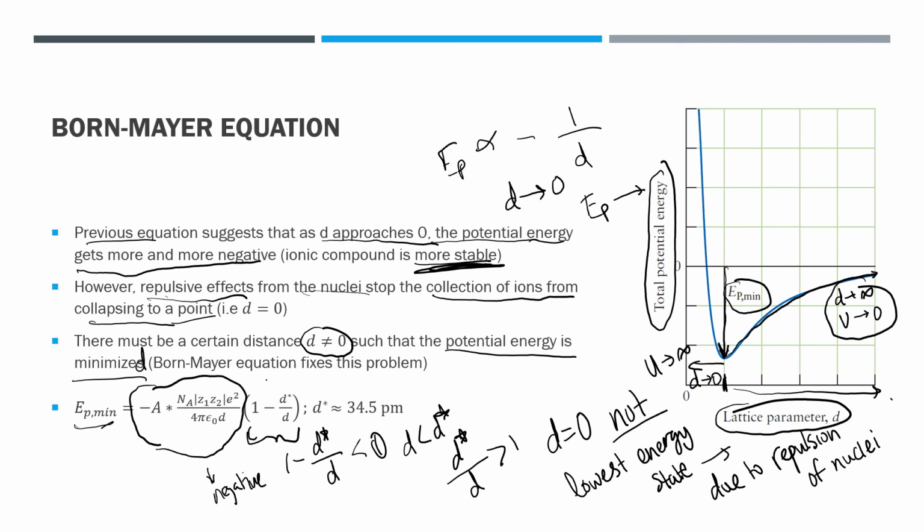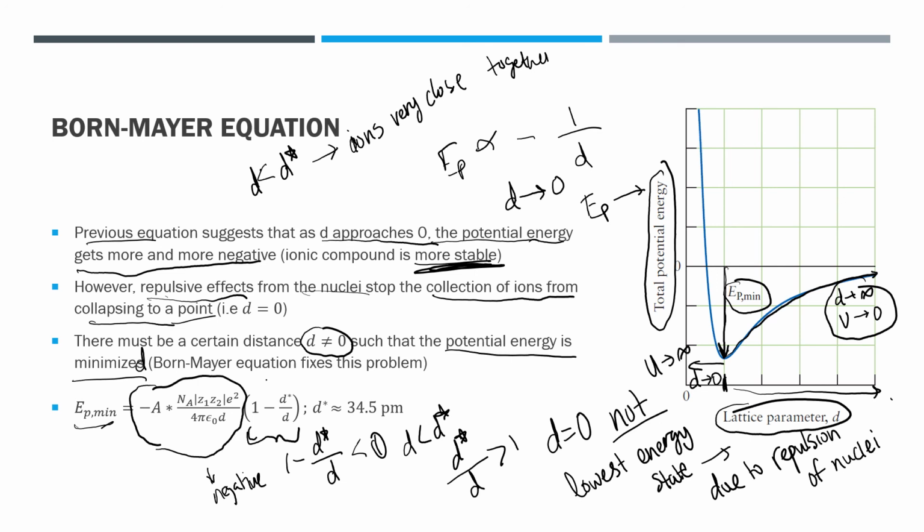Because D star over D is greater than 1, if I do 1 minus something greater than 1, I'm going to get something that's negative. So then I'm going to have a negative number times another negative number. That's going to give me a net positive potential energy. So this is important. If D is less than D star, this means ions are very close together.